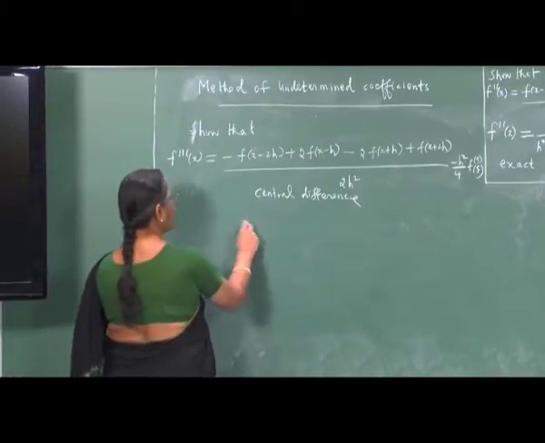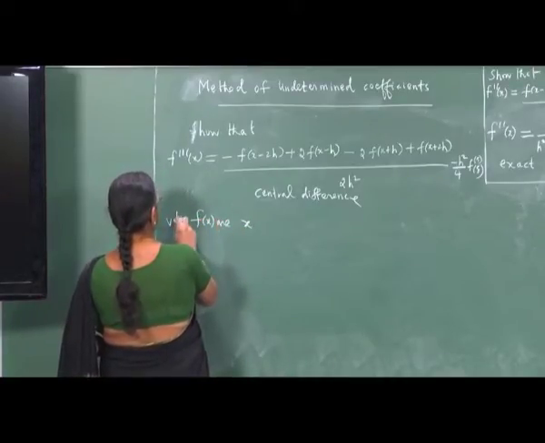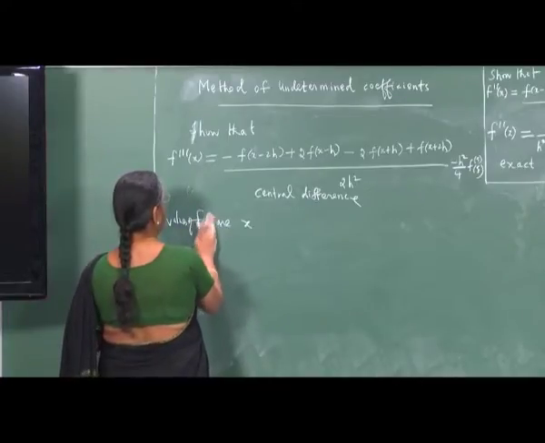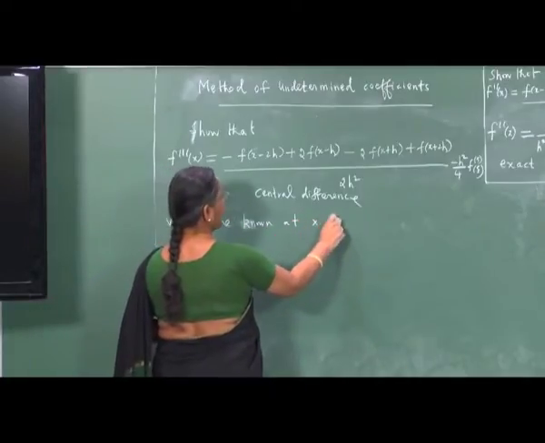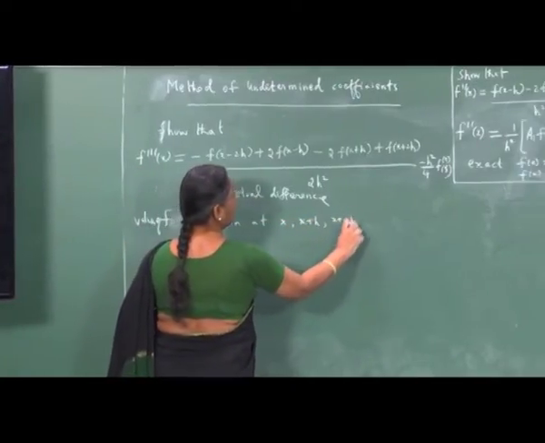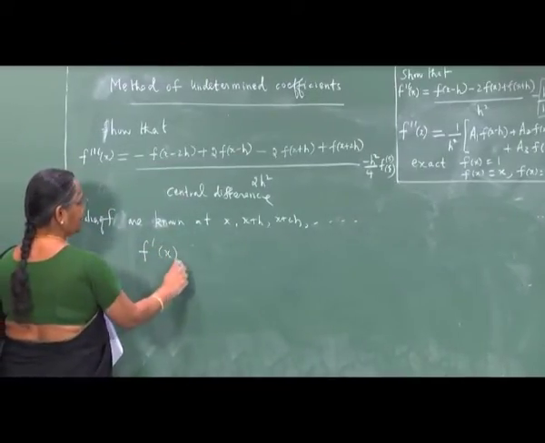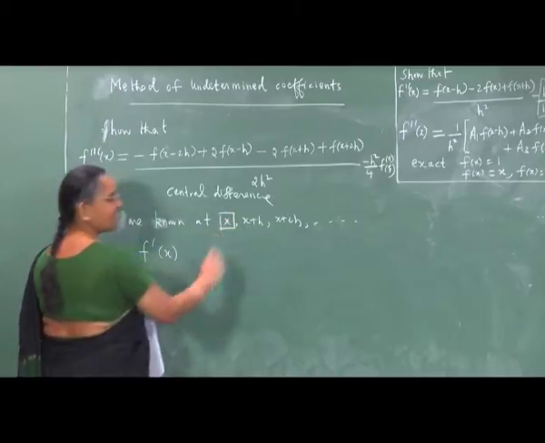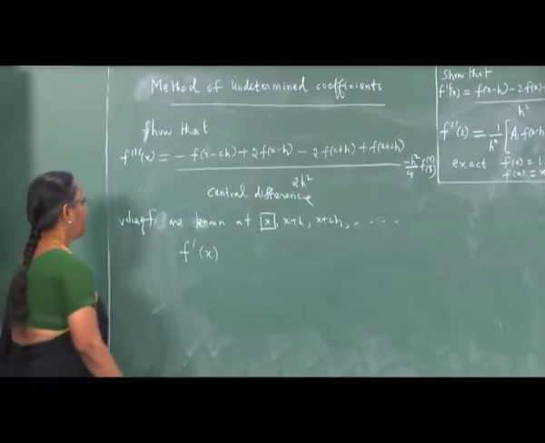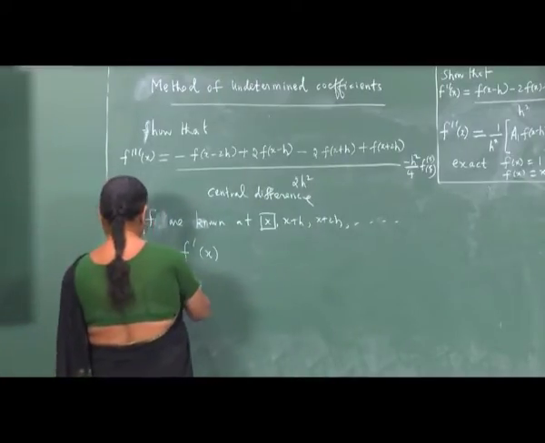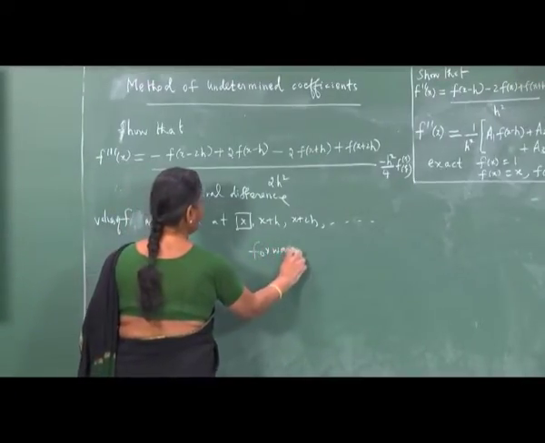Namely, suppose the values of f are known at x, x plus h, x plus 2h, etc. And you require, say, the first derivative at this end point x of a set of values which are given to you. Then you obtain this formula using forward differences.